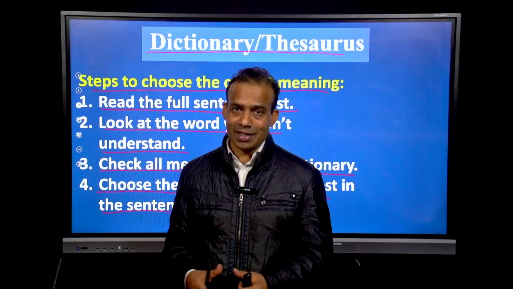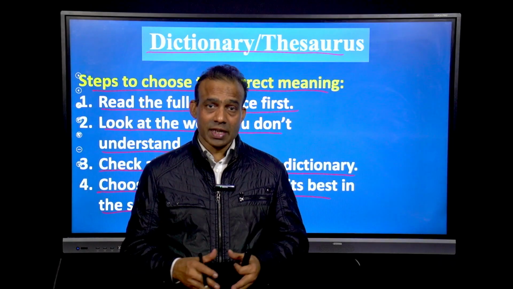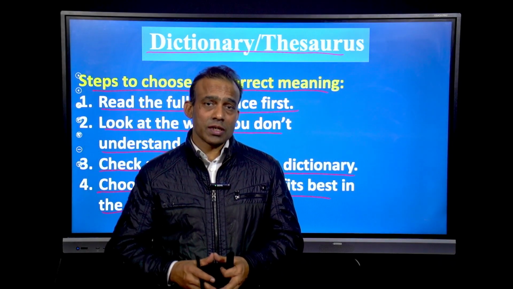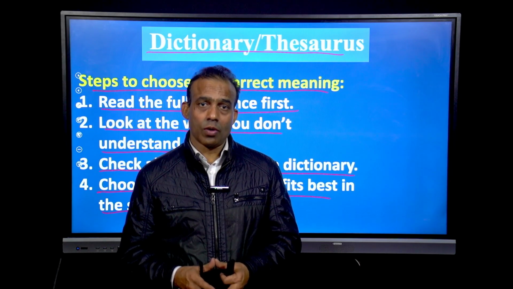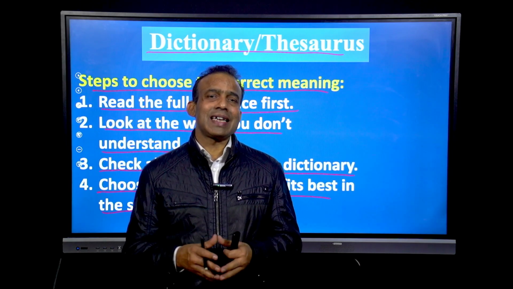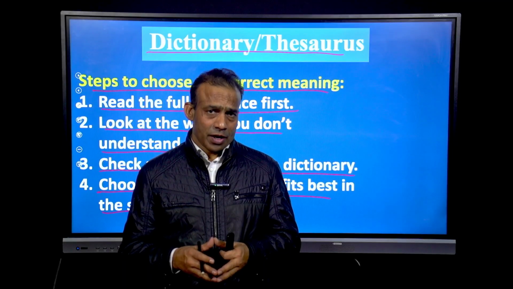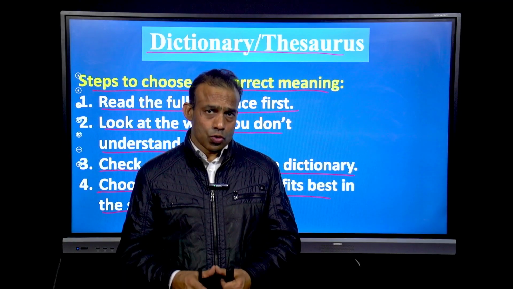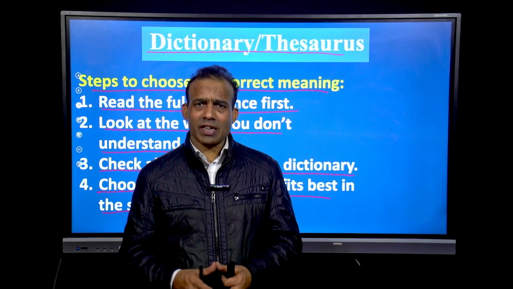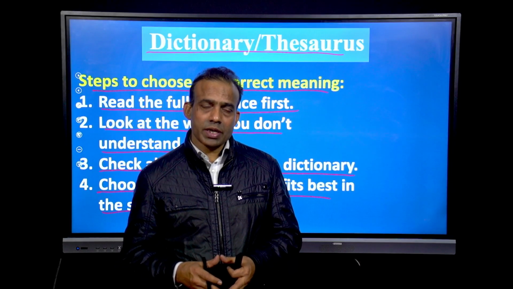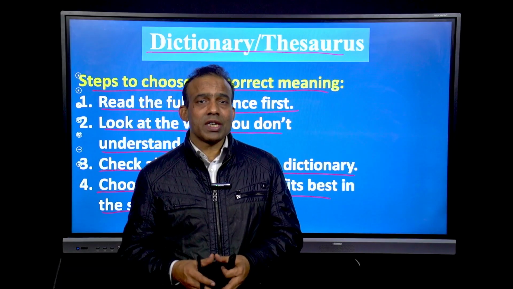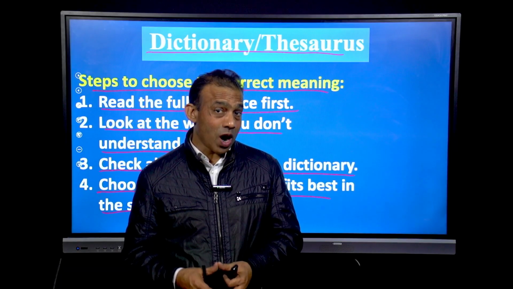So, dear learners, these are basically the 4 steps for choosing the correct meaning of a word which you don't know. First of all, there should be a sentence which you are reading, and if you feel there is a word whose proper meaning you don't know, pick that word, go to the dictionary and see all the meanings of that word.